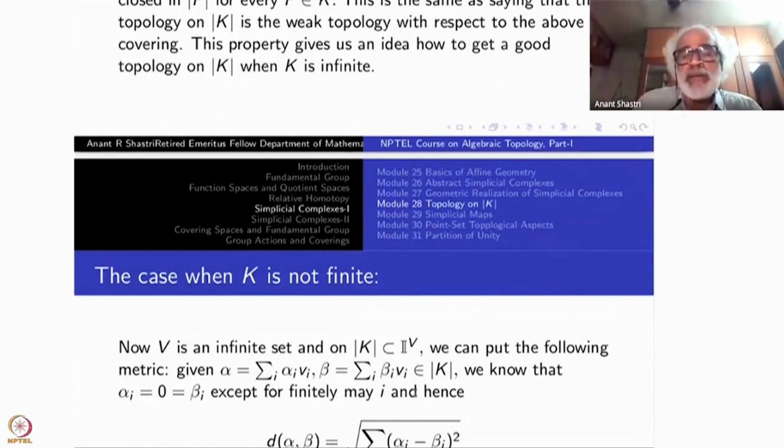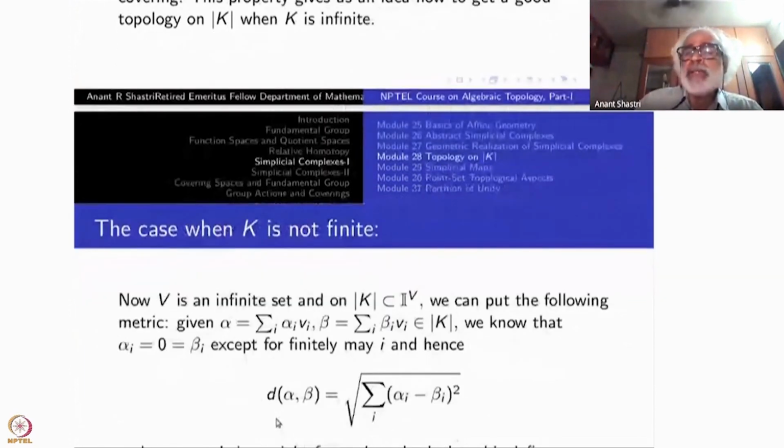We know that alpha_i and beta_i are 0 except for finitely many i, which is the same thing as saying these two are finite sums. Then I can define the distance between alpha and beta to be just the square root of the sum of the squares of the differences, just like in Euclidean space.